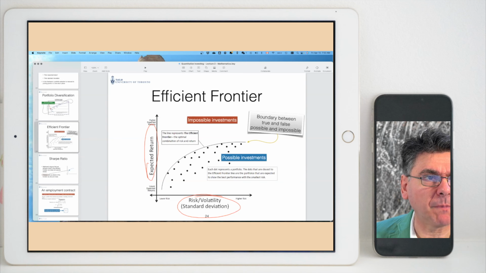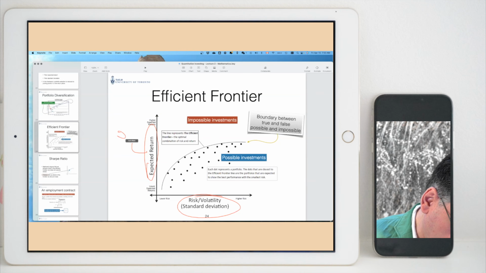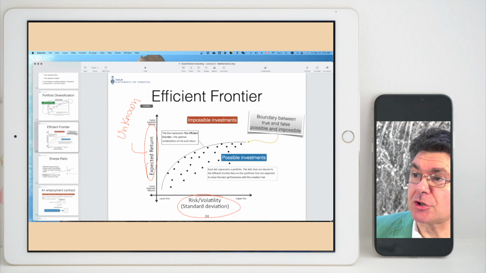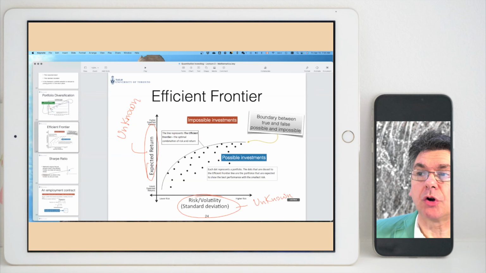Some people, and I'm going to show you now, do not believe that you can get the expected return. The expected return, I will say, is always unknown. And actually they go beyond and say the standard deviation is also unknown. You don't know it.